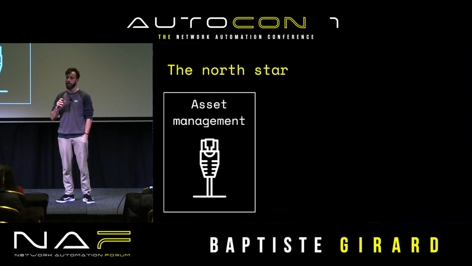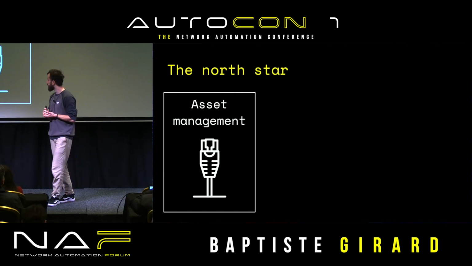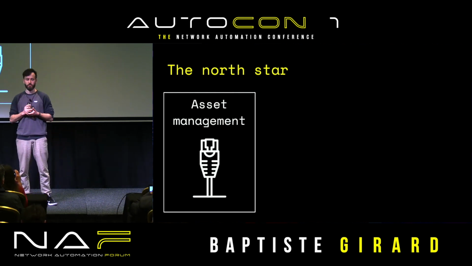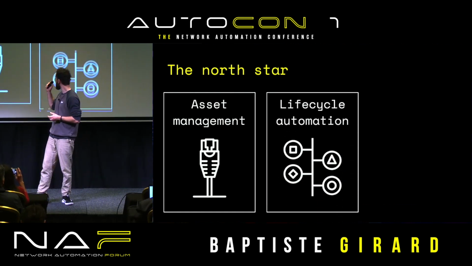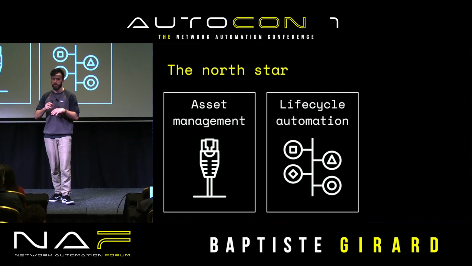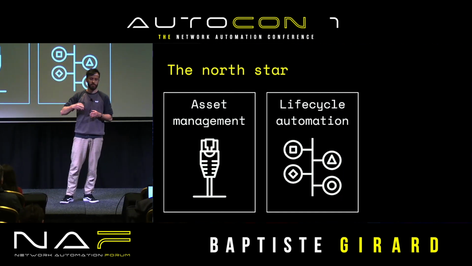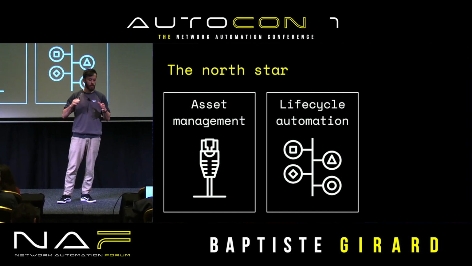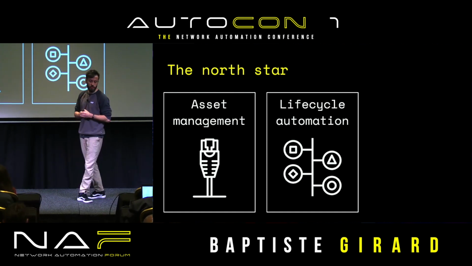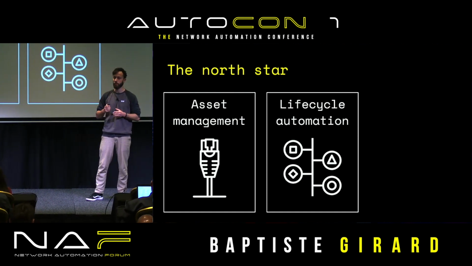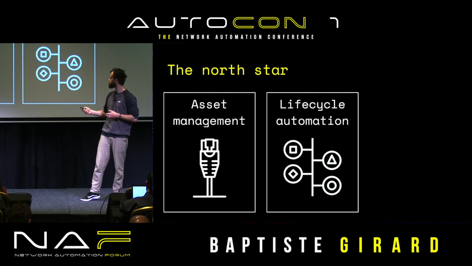I would summarize this as our capability to understand what is running where, with which version, and under which IP. The second pillar is lifecycle automation. As I mentioned, everything was done manually, from delivery to activation to support, so there is a huge potential for automation, and we want to bring this automation there.